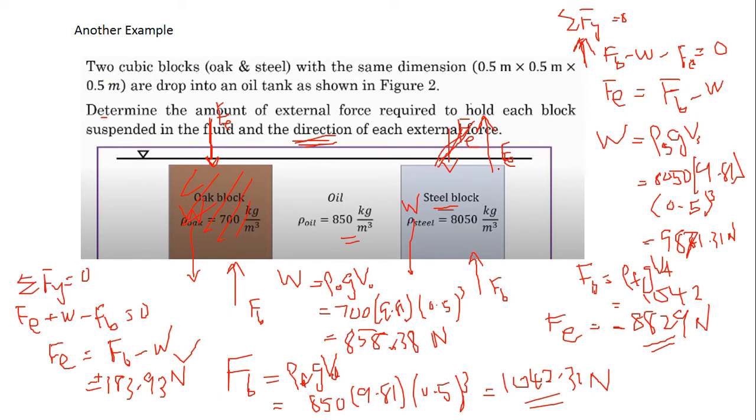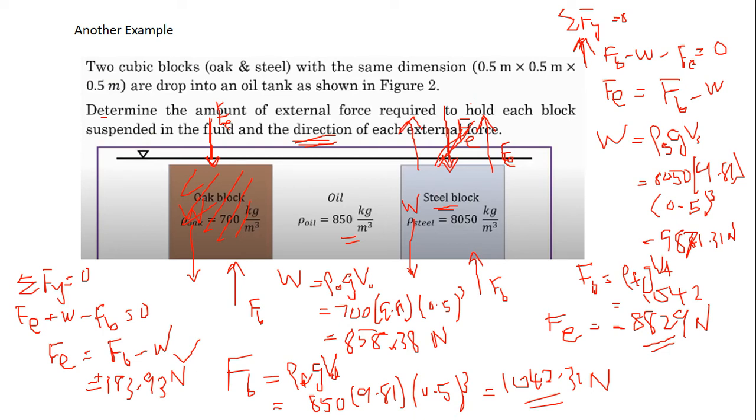Faham tak? Tadi siapa nama yang assume tadi? Koyum. Tadi Koyum dia assume the external force is acting downward. So that's why the equation is FB minus W minus FE equal to 0. Bila dia kira jawapan dia negatif, oh, kiranya dia upward lah.